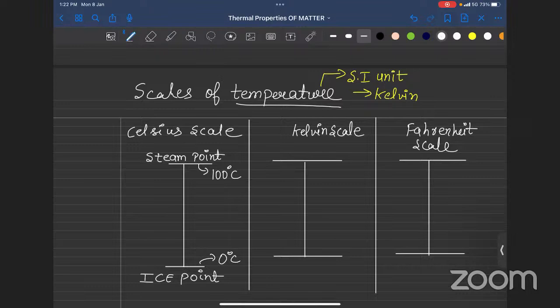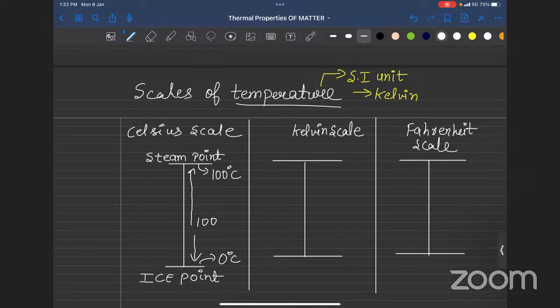The divisions between 100 and 0 degrees Celsius total 100 divisions. The same will hold for all other scales too.